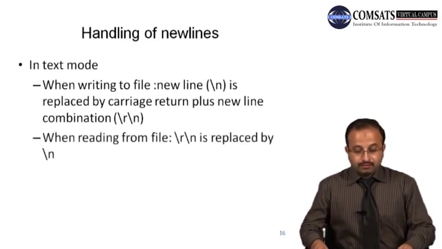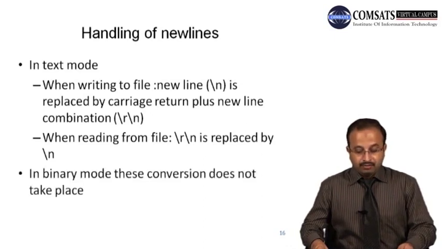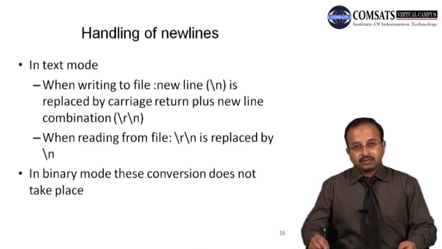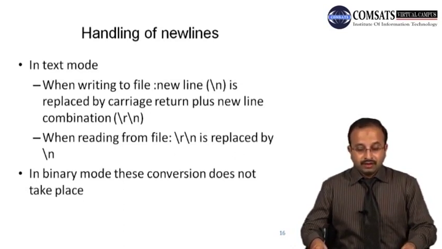And when you read from the file, \r\n is replaced by \n only. In binary mode these conversions do not take place. So binary mode में अगर आपने \n लिखा है तो \n ही लिखा जाएगा, उसको किसी तरह से replace नहीं किया जाएगा. So that is one of the differences, that is of handling of new line character, or in fact how the system handles the new line character in text mode and in binary mode.